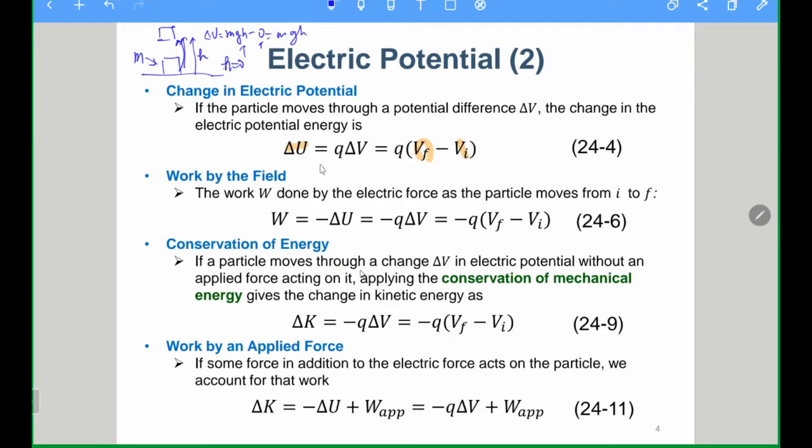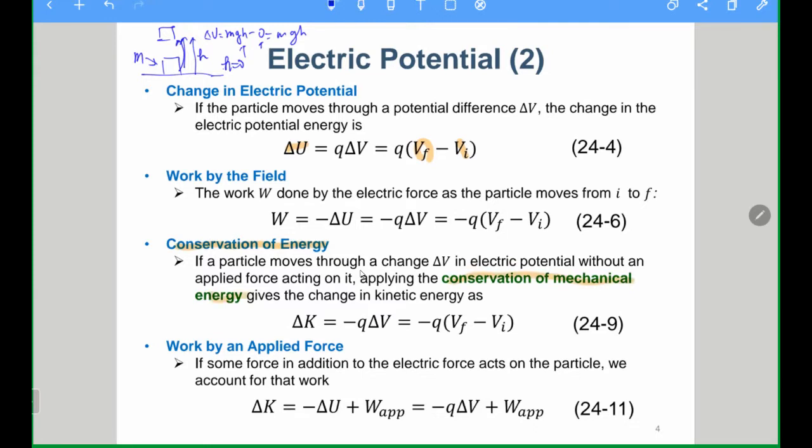Here W equals negative delta U, so you have a negative sign here. And then we consider the conservation of energy. If we assume there is no energy loss inside the system, then the total mechanical energy doesn't change.